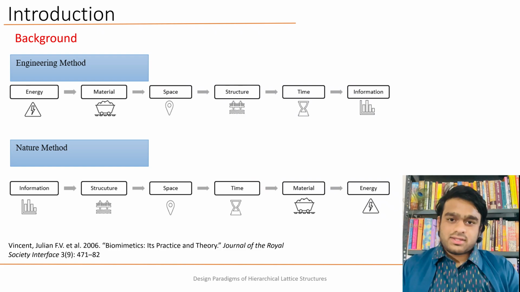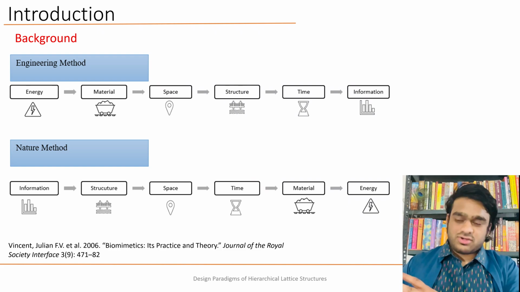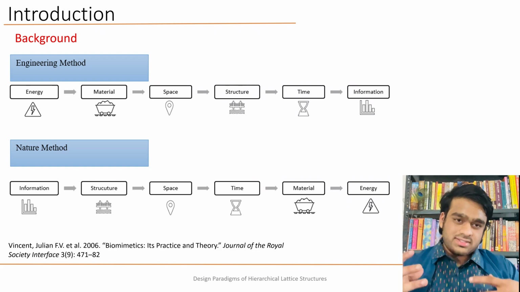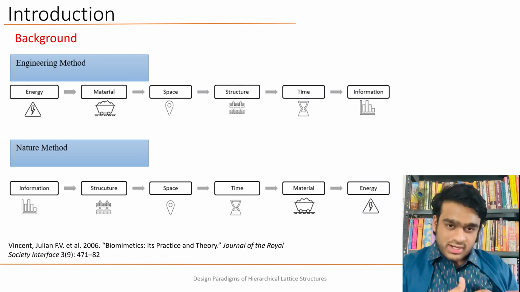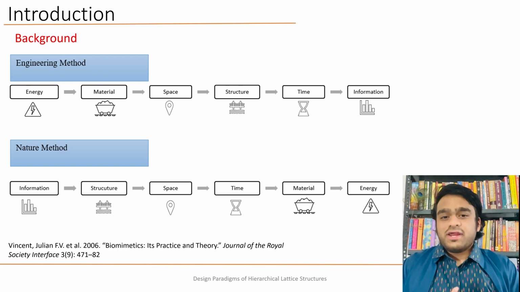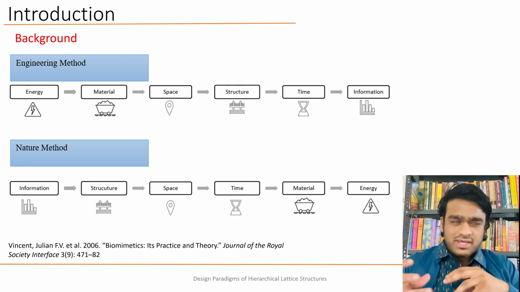The design approach which we follow is totally based on our energy choice, like how much energy it takes to make the thing that we use. But if you go to nature, like biomimicry, it first takes the information and the structure, and tries to get the best structure possible.